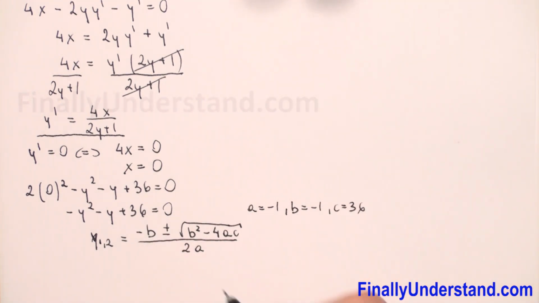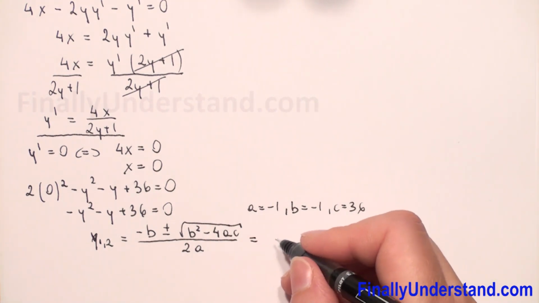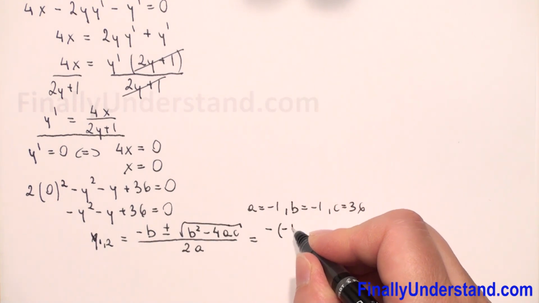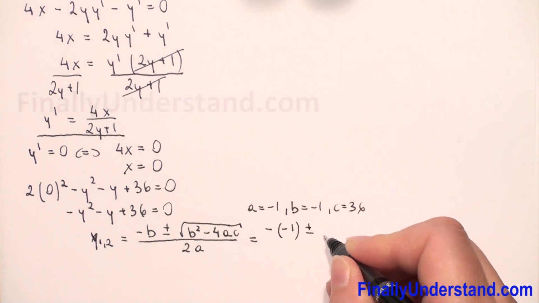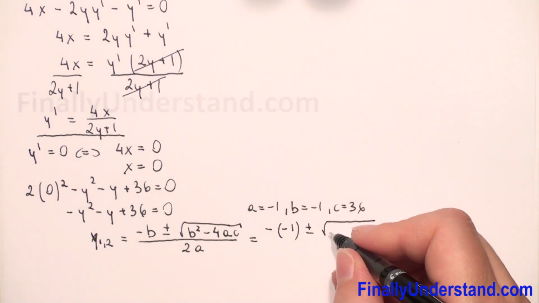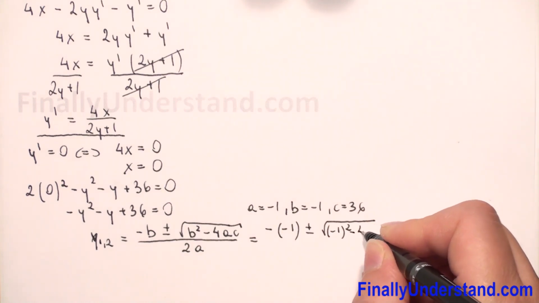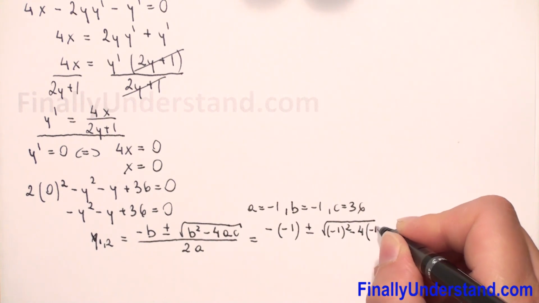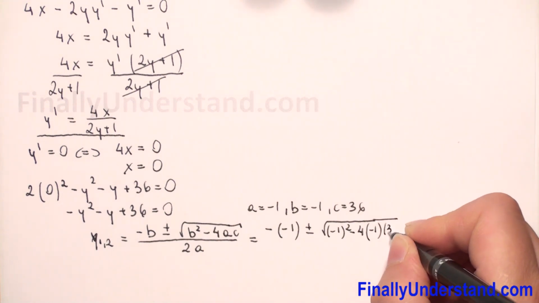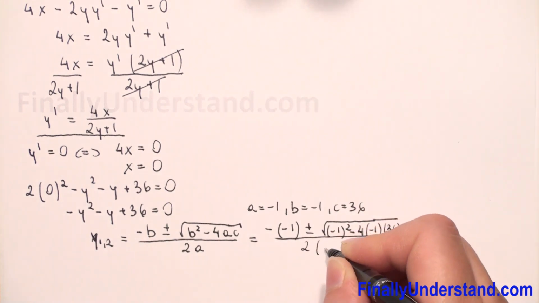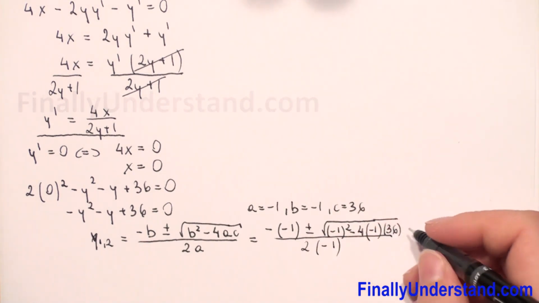So now we can replace. We have the negative sign, we just copy. In parentheses we have negative 1 plus minus the square root of negative 1 to the second power minus 4 times negative 1 times 36, over 2 times negative 1.